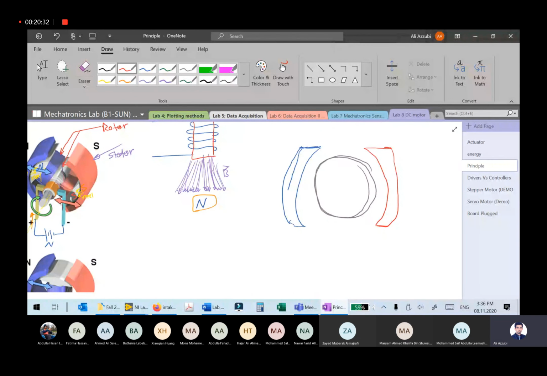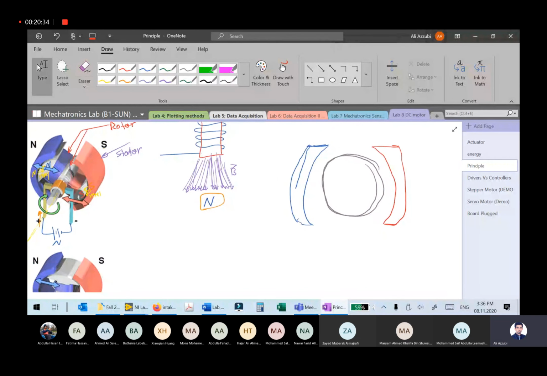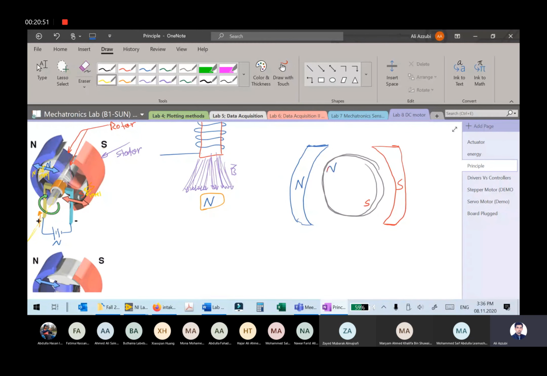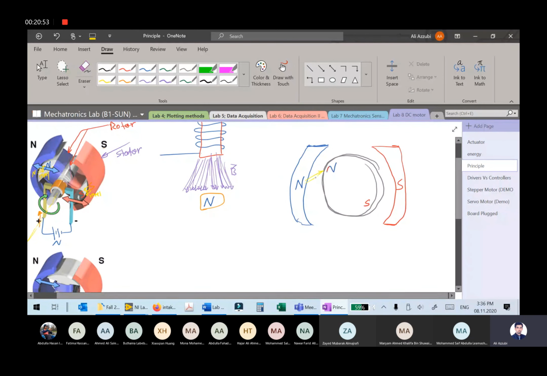Right, now you can imagine that this is a north, so actually lines are going from north to south. All right, let's just put here that you have a north and you have a south. Now what we have done is we have created a south here and a north here. Right. Now this has created some repelling motion like this.